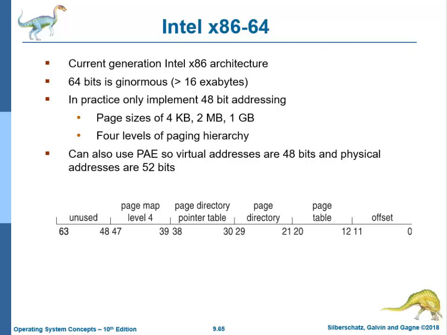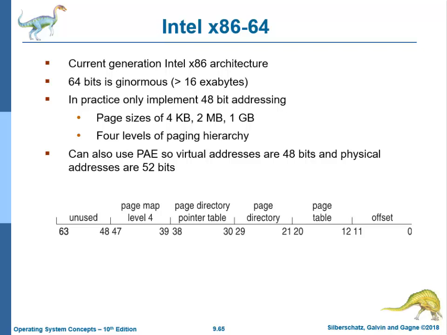However, in practice, far fewer than 64 bits are used for address representation in current designs. The x86-64 architecture currently provides a 48-bit virtual address with support for page sizes of 4 KB, 2 MB, or 1 GB using 4 levels of paging hierarchy.